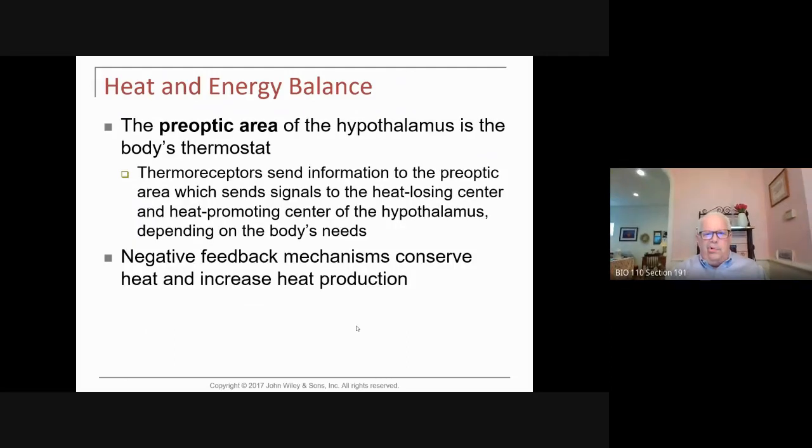Okay? You probably learned a little bit about this in AP1, but for those who have not taken AP1, the hypothalamus controls your temperature. And the preoptic area of your hypothalamus is your body's thermostat.